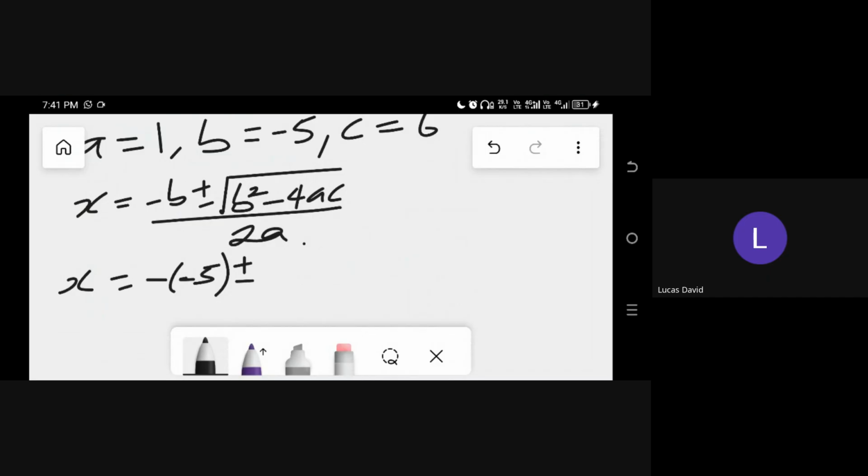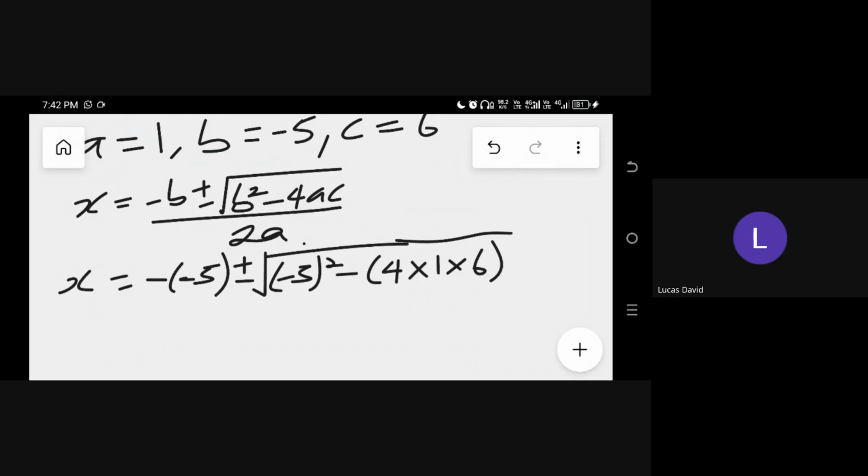Okay. So there you have S is equals to minus bracket minus 5 plus or minus the square root of B square, and B is minus 5, so minus 5 square. That's your B square. Then minus 4 times A is 1 times C is 6.